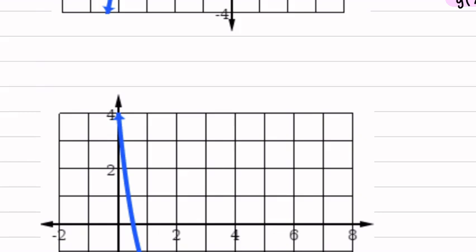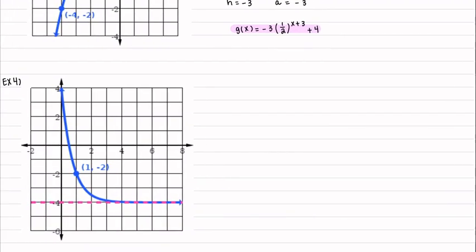All right, example 4. You'll want to pause this video. And the only point we're given is the point closest to the horizontal asymptote, 1, -2. And we're told the horizontal asymptote is at -4, y equals -4.